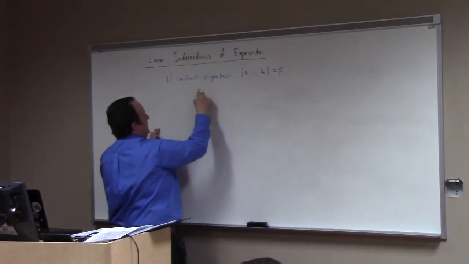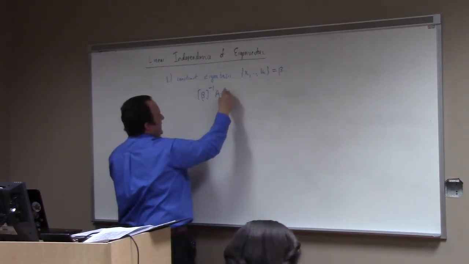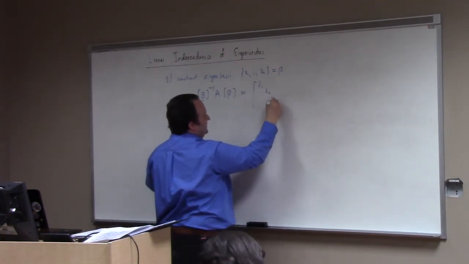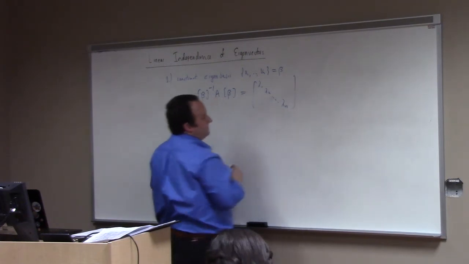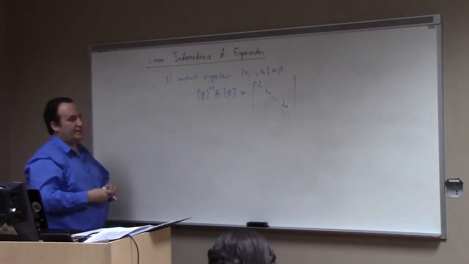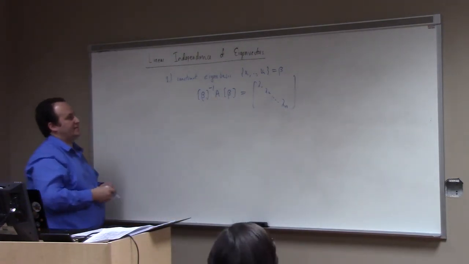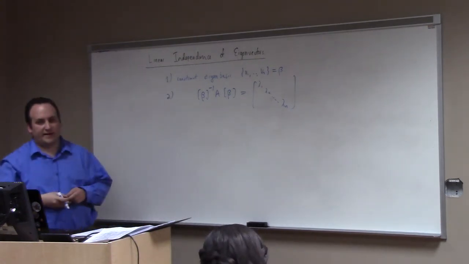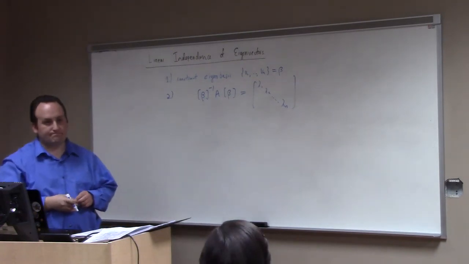Then if we look at beta inverse A beta, we proved last time that that gives us a diagonal matrix with the eigenvalues down the diagonal. That was the procedure, basically. 1, construct the eigenbasis. 2, similarity transform. That gives you the diagonalized form of the matrix.